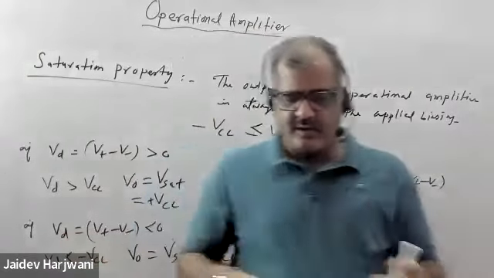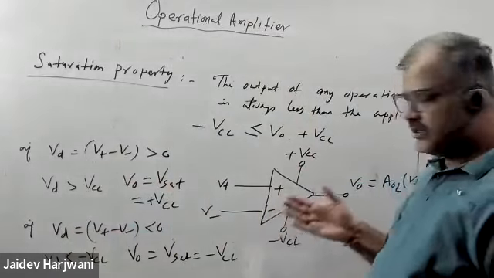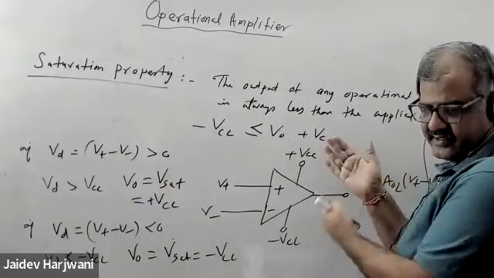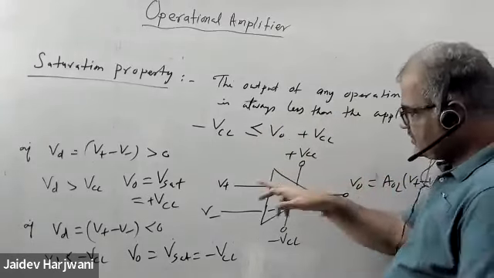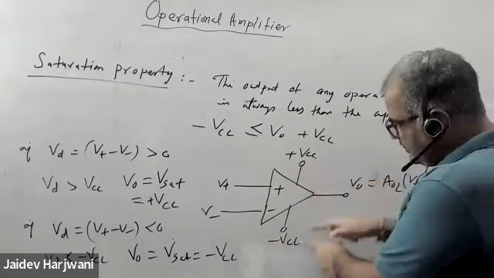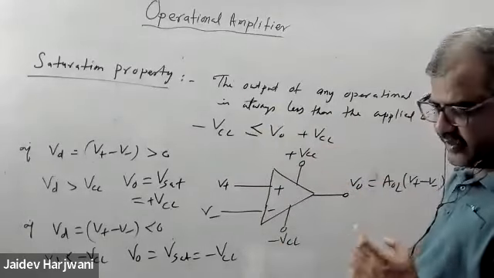You cannot amplify something out of nothing. Here you're applying these batteries, and these batteries only help you to amplify this signal. So the output cannot be greater than these two batteries. Now this is called the saturation property.